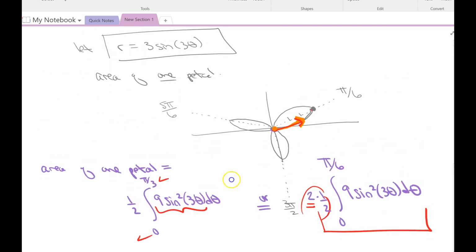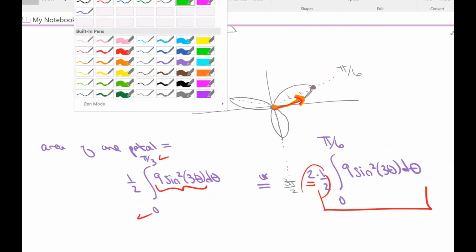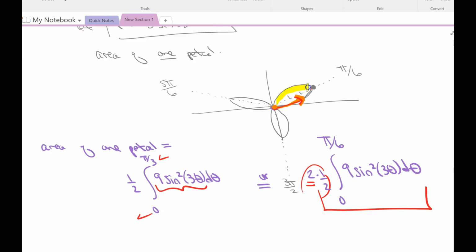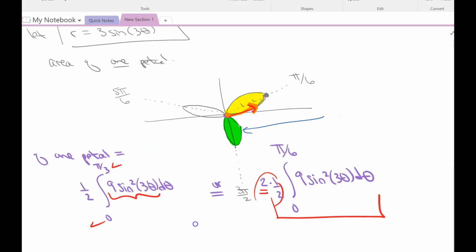And just so we're clear, in both cases, I described the area of this petal right here, okay? If you wanted to, and if you were feeling particularly wild, you could go ahead and describe the area of this green petal. And in fact, why don't you try and tell me what the interval of theta is over which that petal is traversed, and then we can answer that question in a moment.